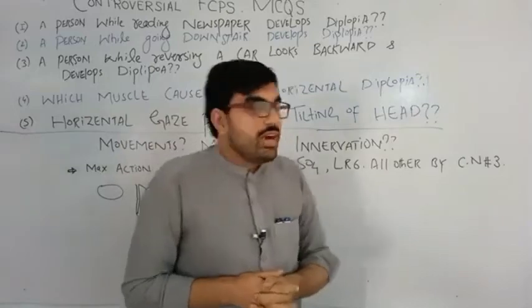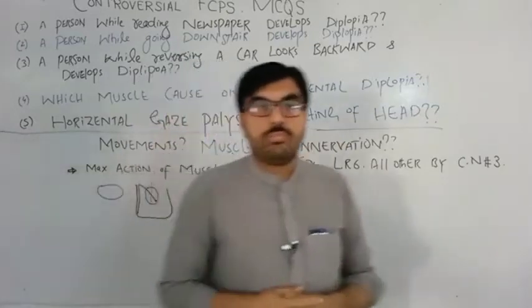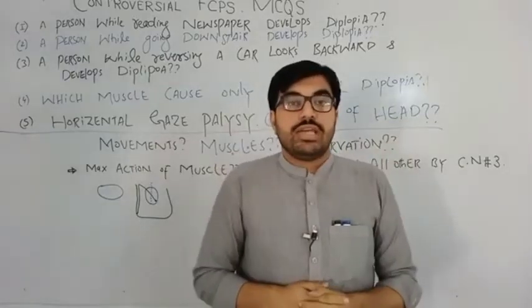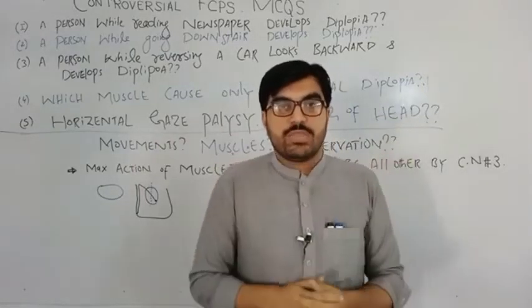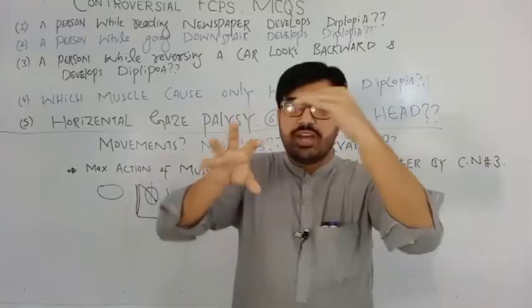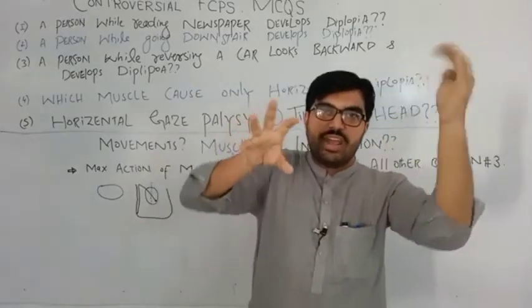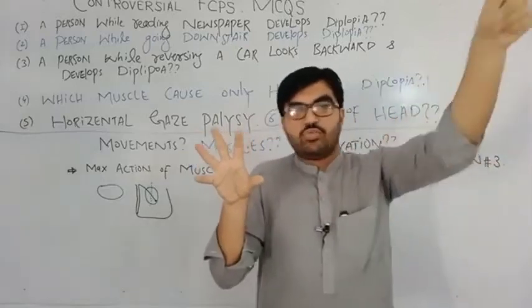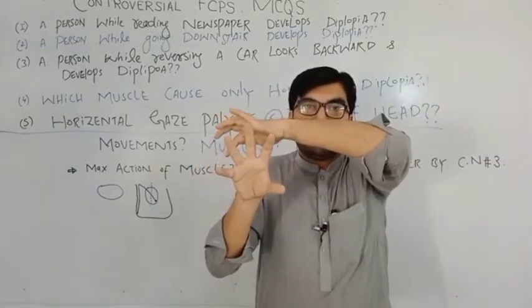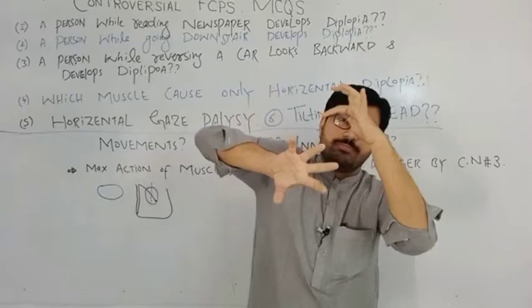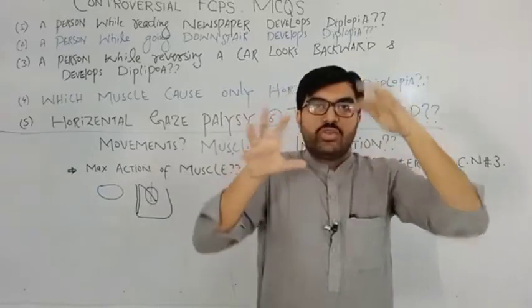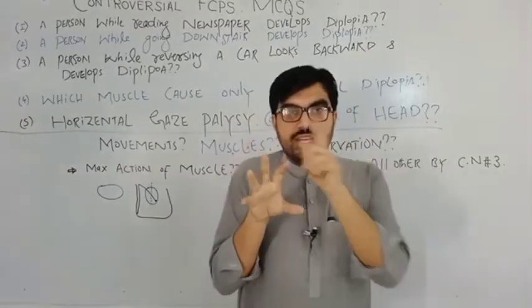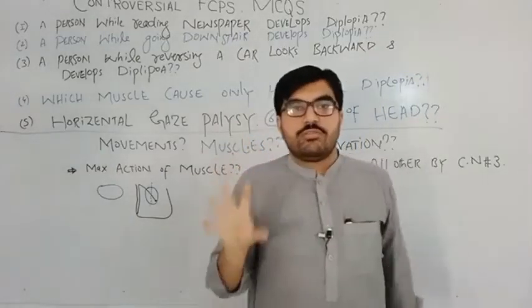Another MCQ regarding the tilting of the head is also very important. Now the superior oblique is an intorter of the eyeball. So it intorts the eyeball, it rotates the eyeball inward. If these two are your eyeballs, this is superior oblique attached to this, what it does, it intorts the eyeball. The intorsion of the eyeball is normally cancelled by the extorsion of the eyeball.